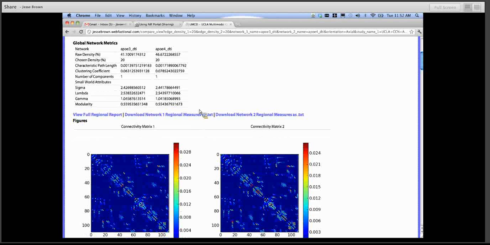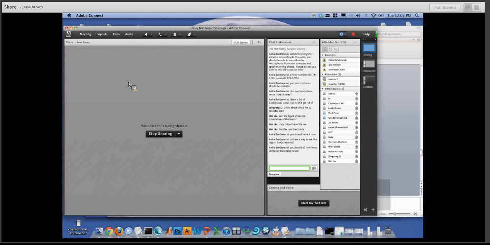Obviously we've just got two networks here, so we can't do statistics on that, but we can get some qualitative information about the similarity or difference of networks. You can see that the matrices are similar, and with these images, you can't immediately see differences in the networks a lot of the time.